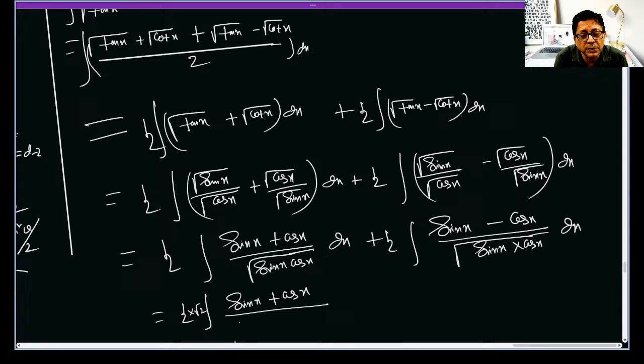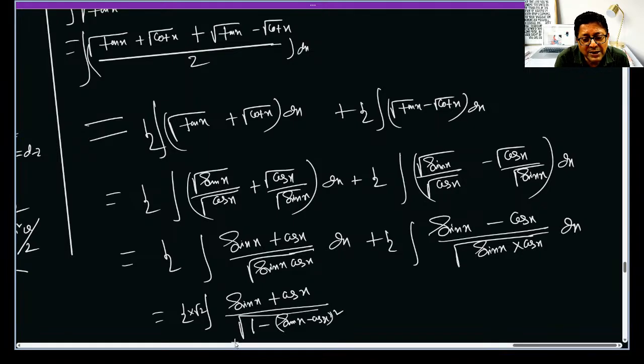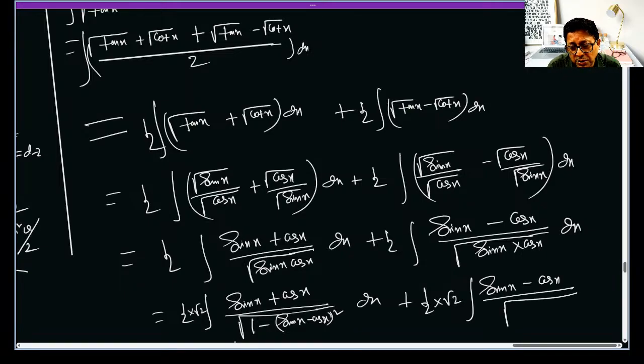That you write in the form 1 minus sin x minus cos x whole square dx plus here also by under root sin x plus cos x whole square minus 1 dx.